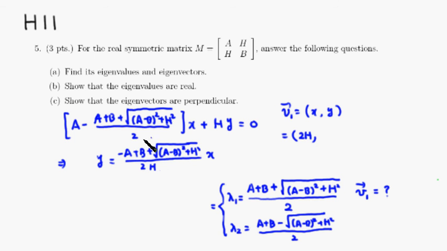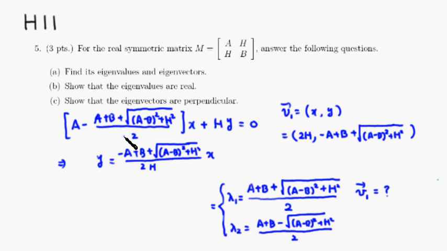So y is going to be negative a plus b plus square root of (a minus b) squared plus h squared. So that's going to be the eigenvector v1. You can do a similar thing to find the eigenvector v2. You just have to use lambda 2 here, then do the same thing. So that's for part A.